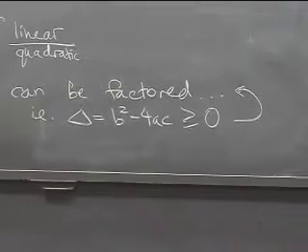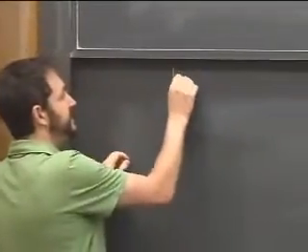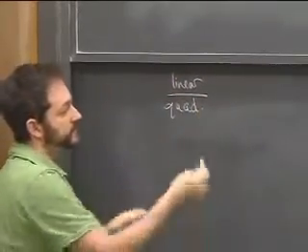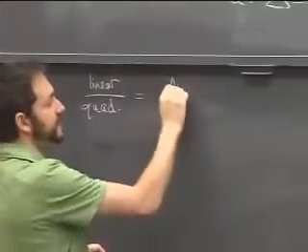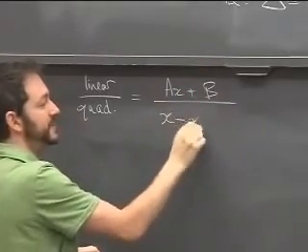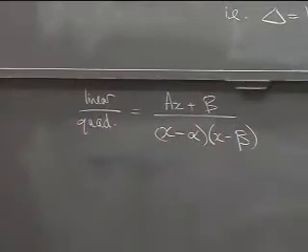So if the quadratic can be factored, then you want to try to express this linear over quadratic as something like ax plus b over x minus alpha, x minus beta, because I'm assuming you can factor it.